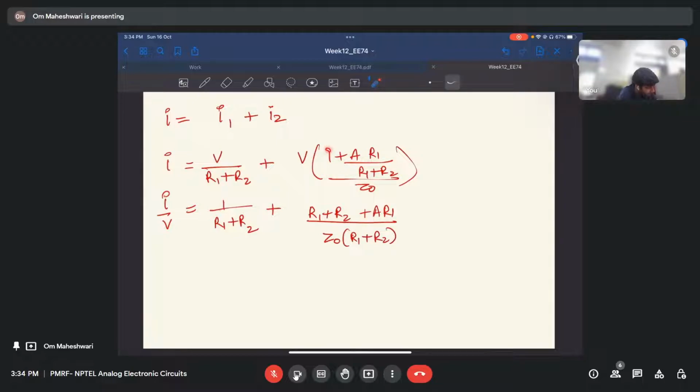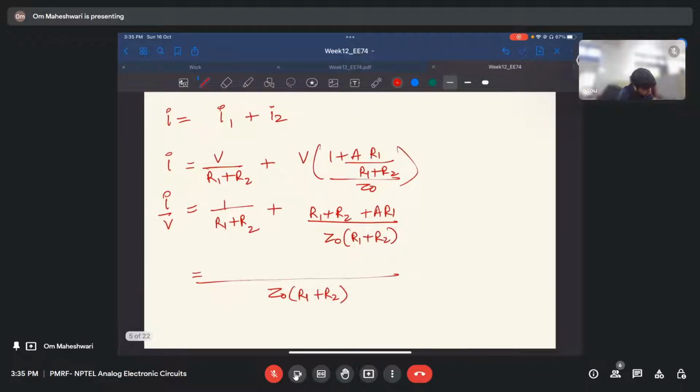Then this will be R1 plus R2 plus A R1, and this R1 plus R2 will be multiplied at the bottom also. Now again, if we take LCM here, it gives us Z naught times R1 plus R2. It will be Z naught plus R1 plus R2 plus A R1.